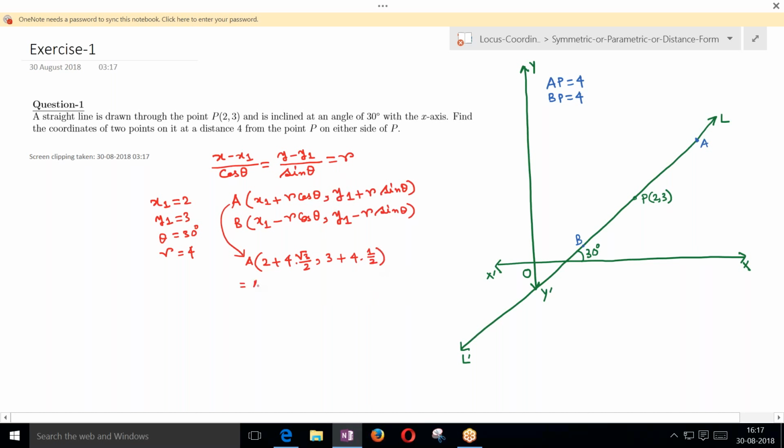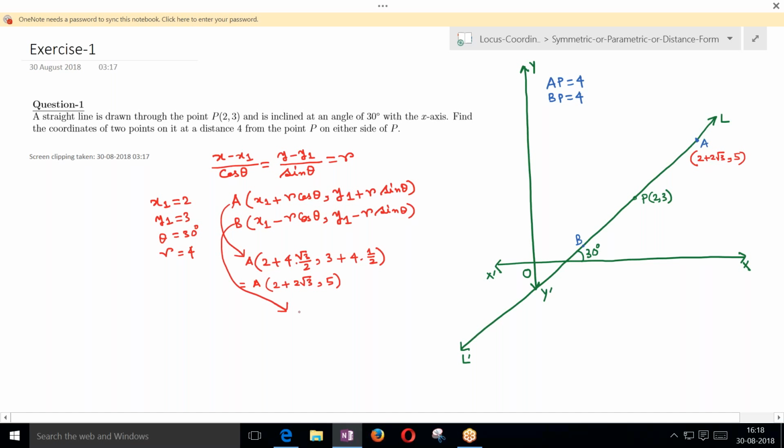So A is equal to 2 plus 2 root 3, comma, 3 plus 2, which is equal to 5. So we found the coordinates of the point A as (2 plus 2 root 3, 5).